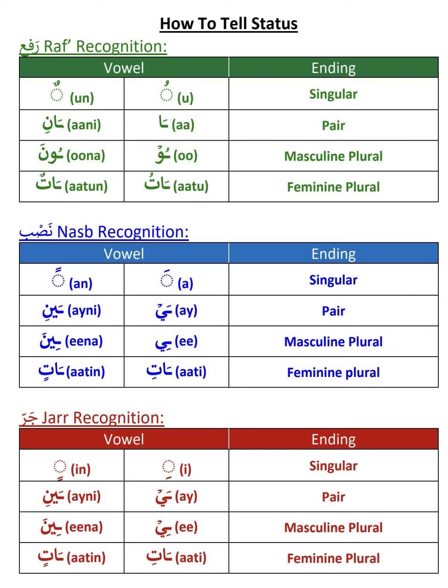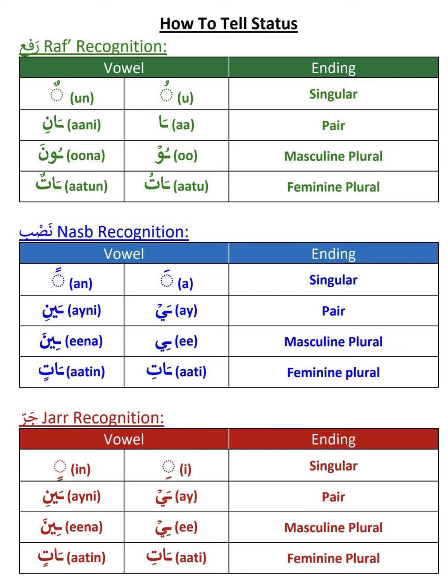First, if you hear u or un at the end, that means you see the dhamma or dhammatain at the end, that is rafa. I will take the word Muslim and put dhamma: Muslimu.